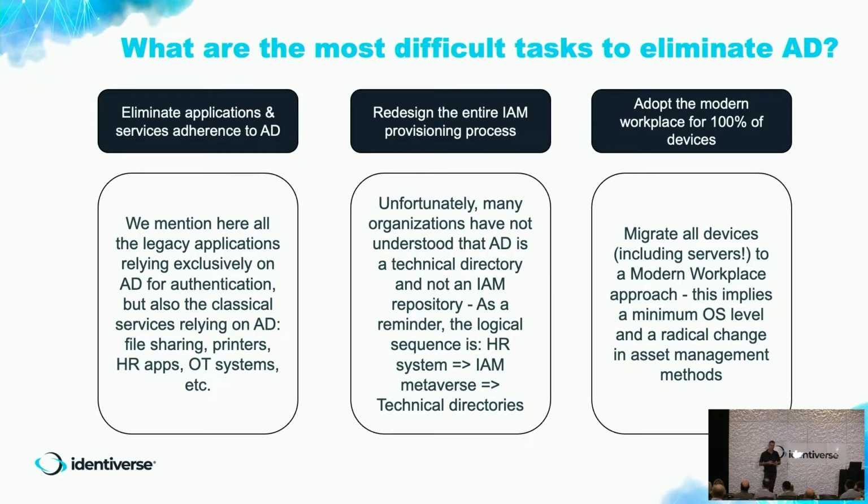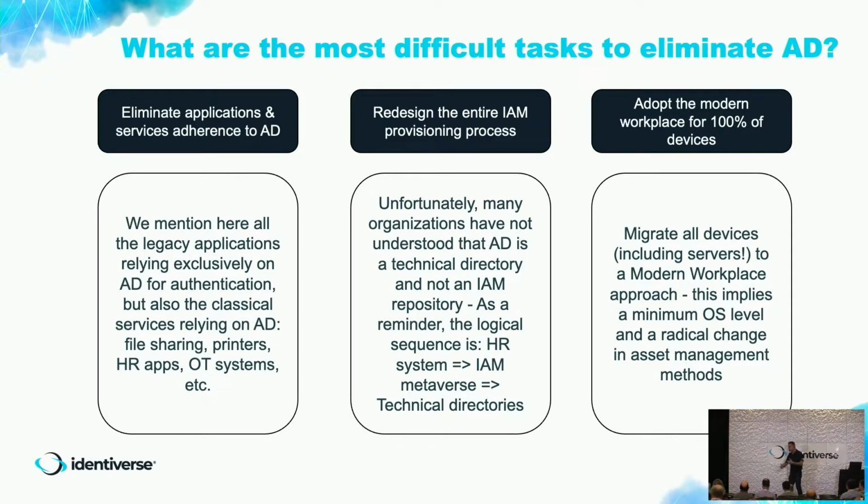Second one is, in a lot of situations, organizations will need to review what they did in terms of IAM system. Why? Because they made a huge mistake. A lot of organizations were thinking AD is an IAM system. It is not. It is just a technical directory.